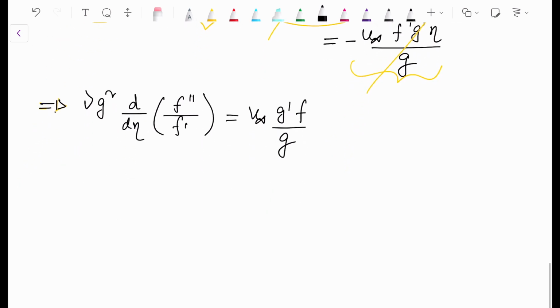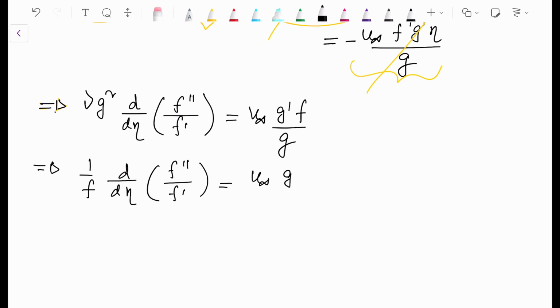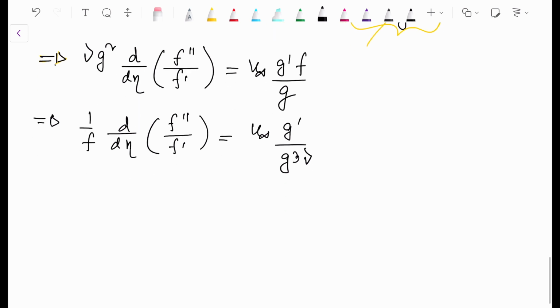Okay, I can rearrange this as 1 by f d d eta of f double dash by f dash equal to u infinity g dash by g cube nu. Now this is a function of eta only, and this is a function of x only.